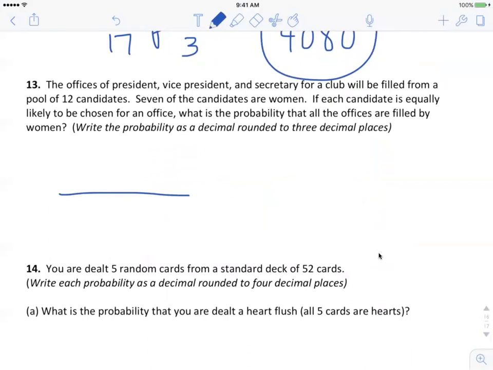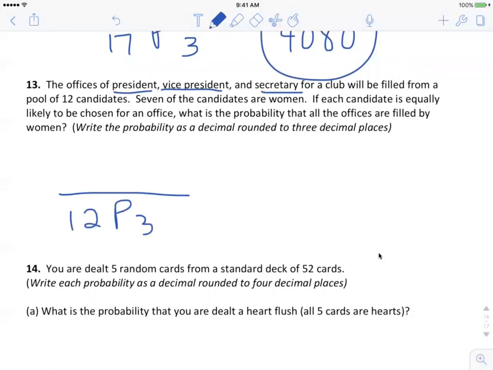What are the total number of possible ways? So we've got a pool of 12 candidates, and we're doing president, vice president, secretary, 3 people. 12, let's see, P or C? You're right, P, because we're putting them into specific roles.